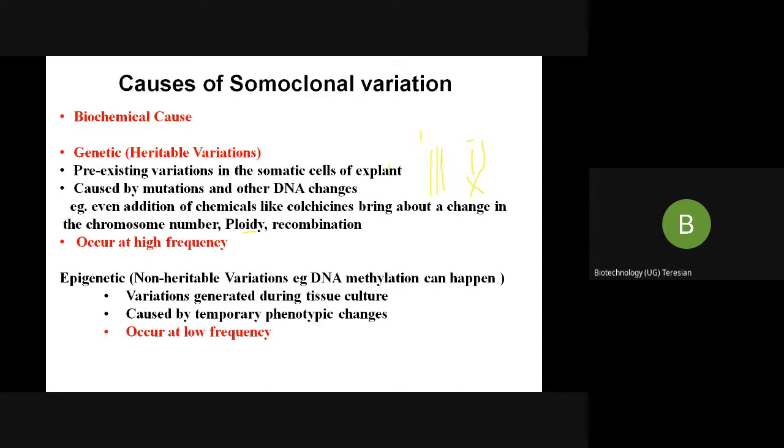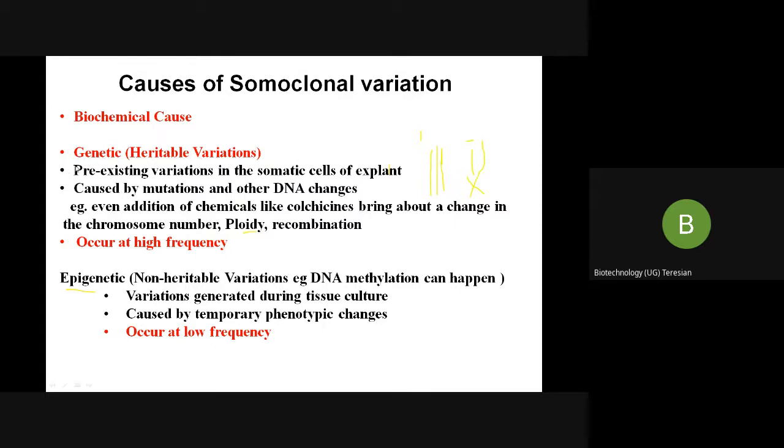Sudden changes in condition can also result in epigenetic variation. What do you mean by epigenetic variation? Here I have written epigenetic variation. These are non-heritable variations, whereas the biochemical causes are heritable variations.